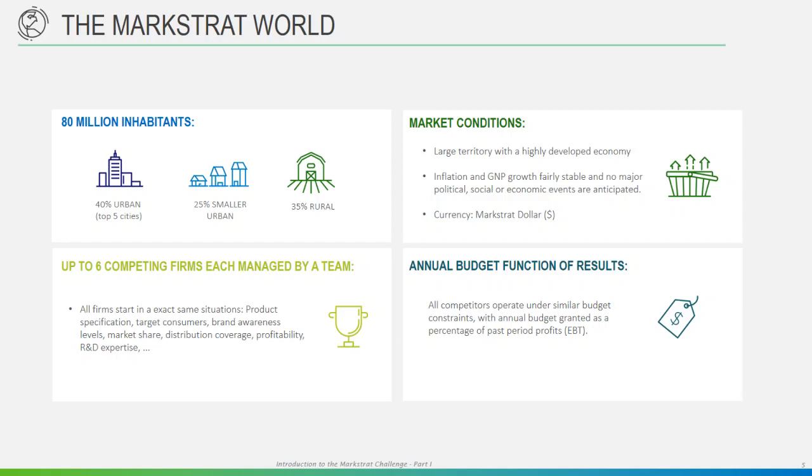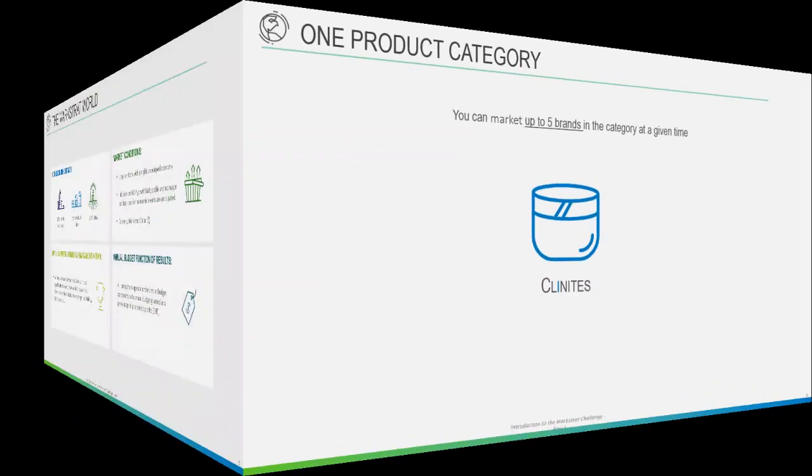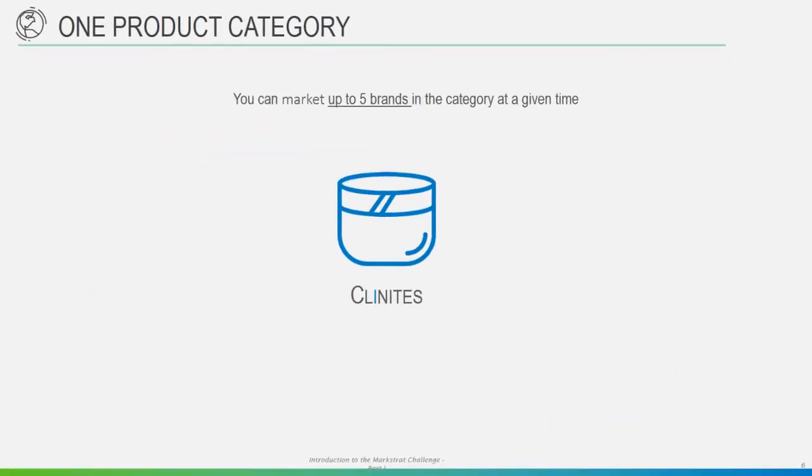You are given a budget each period of X million dollars that you get to choose what to do with. Are you going to hire salespeople, or are you going to boost advertising? There's a number of things you can do with the money. Every period you get this budget, and it depends on how well you did the last period.